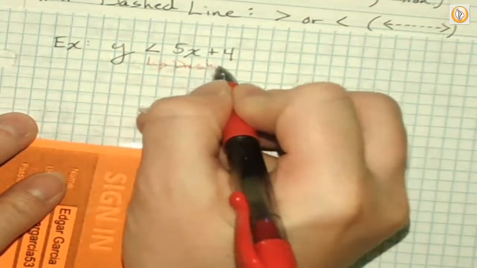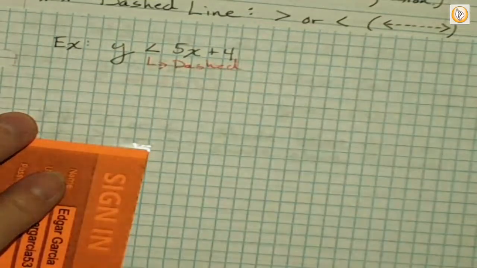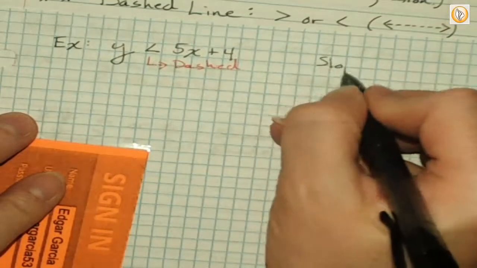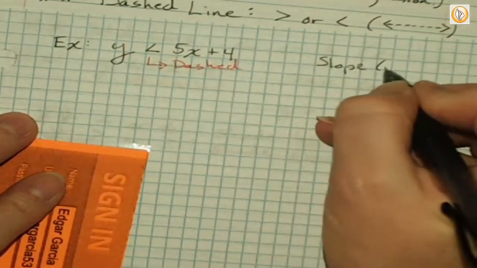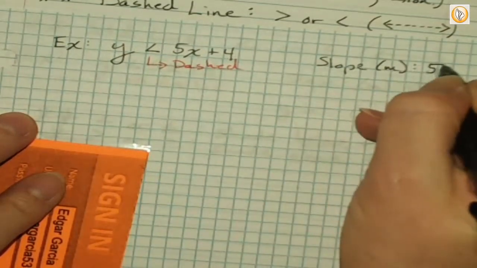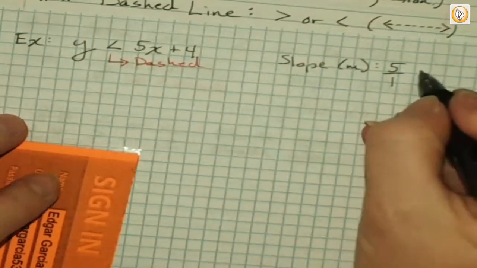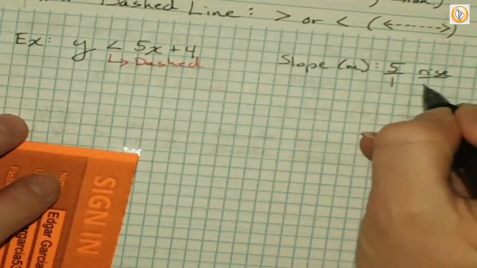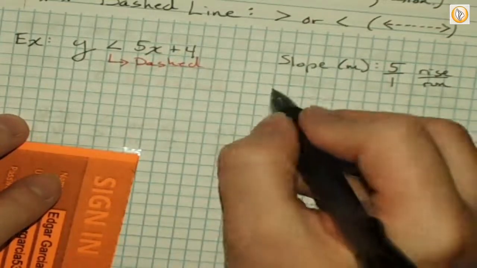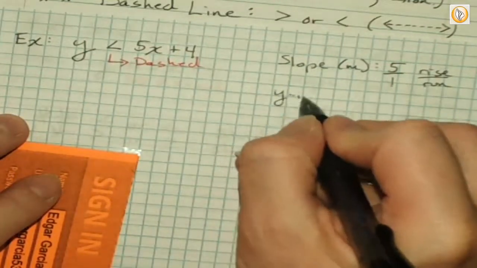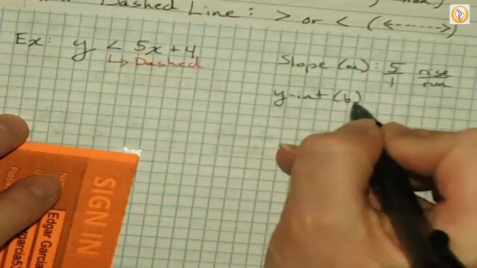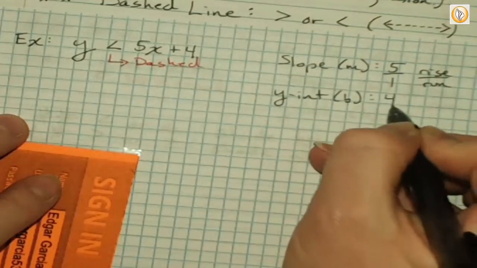You don't have to write this part because you've already written it, correct? The slope is what again, Izzy? 5. Very good. And we can write it as 5 over 1, your rise over run. And then your y-intercept, which is b, was 4.